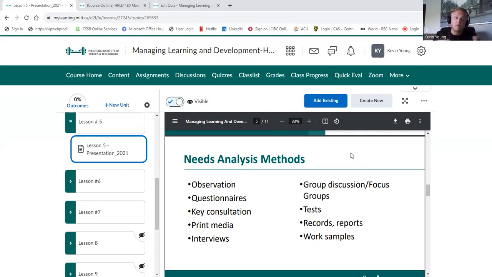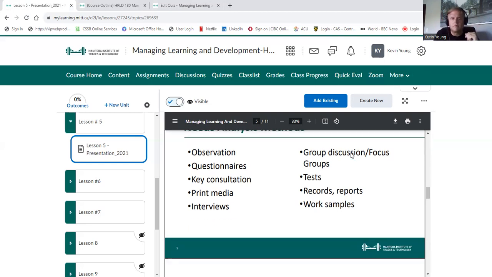Used to be paper, now you can do digital. Work samples, tests. How about a focus group or a group discussion? Bring a bunch of people in, have a conversation. We're talking about this particular challenge, and we're looking for more information. Observation. Let's just watch the people doing the work, take notes, see what they're doing right, see what they're doing wrong, etc.